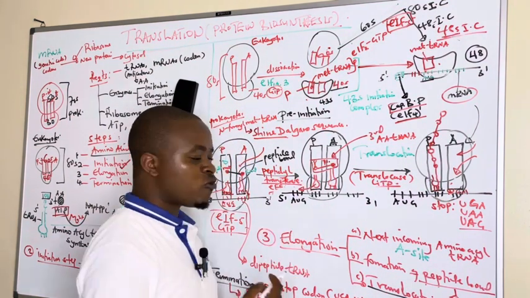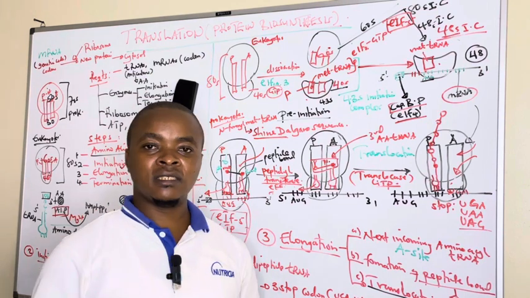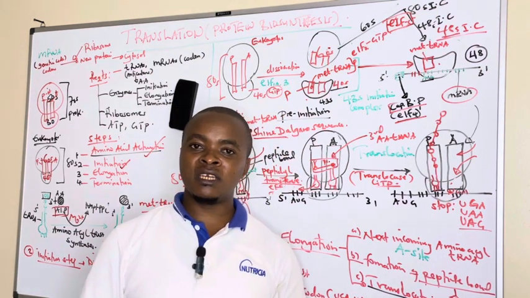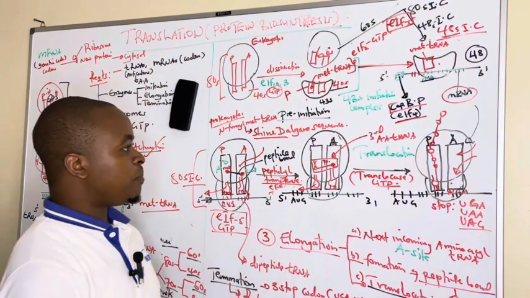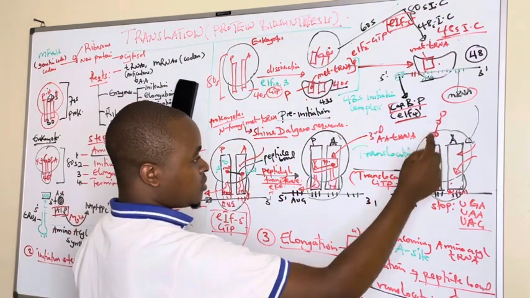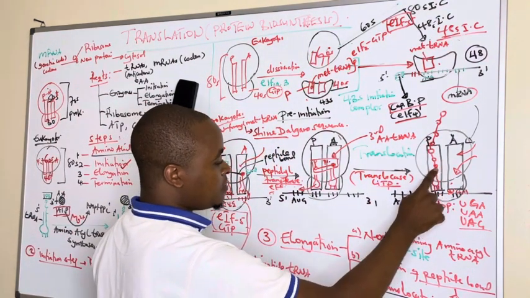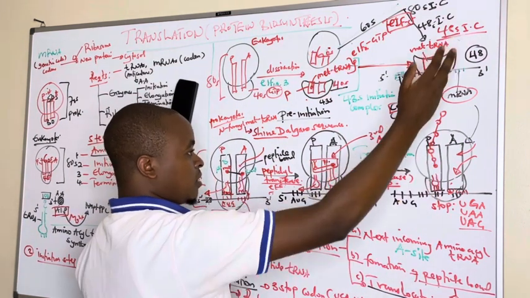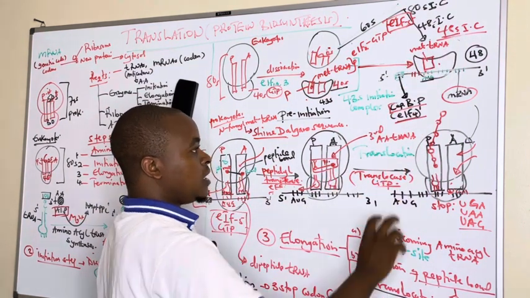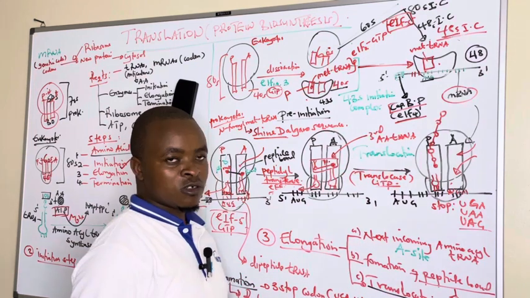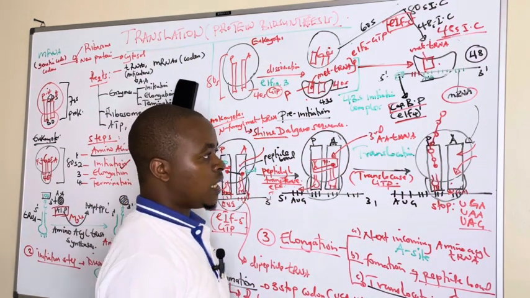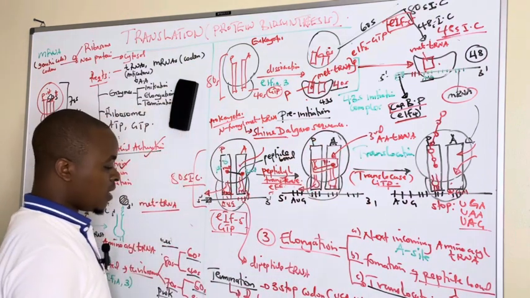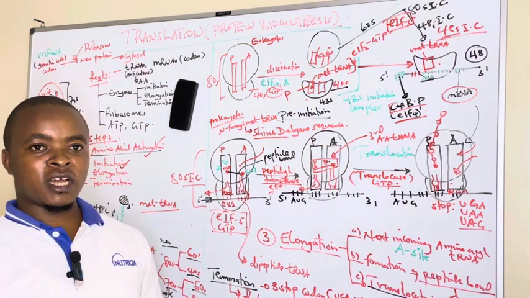And when peptidyltransferase is hydrolyzed, there is no more formation of peptide bonds, and it leads to the release of the polypeptide chain. The polypeptide chain is released by the release factor outside the P site, and it is the one that is going to undergo post-translational modification. And this marks the end of translation.